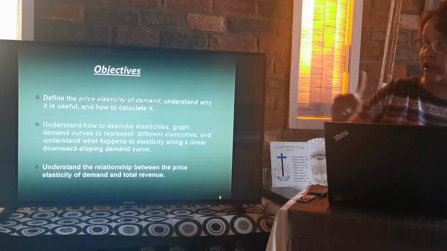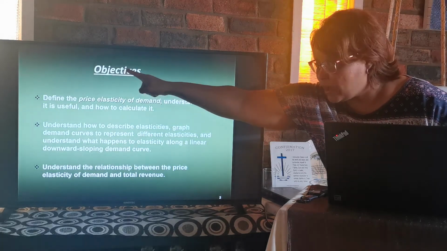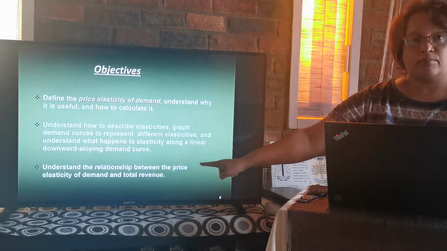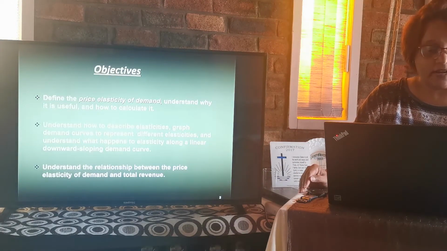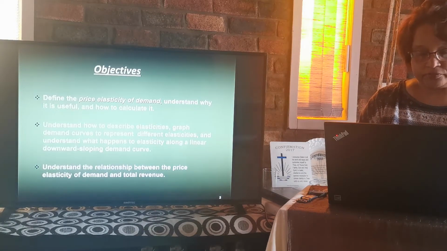You'll find that the downward sloping demand curve runs from the top left corner to the bottom right corner. Then understand the relationship between the price elasticity of demand and total revenue.